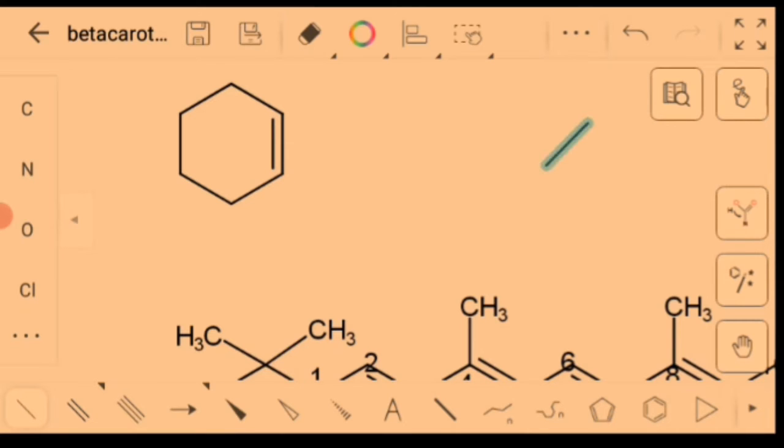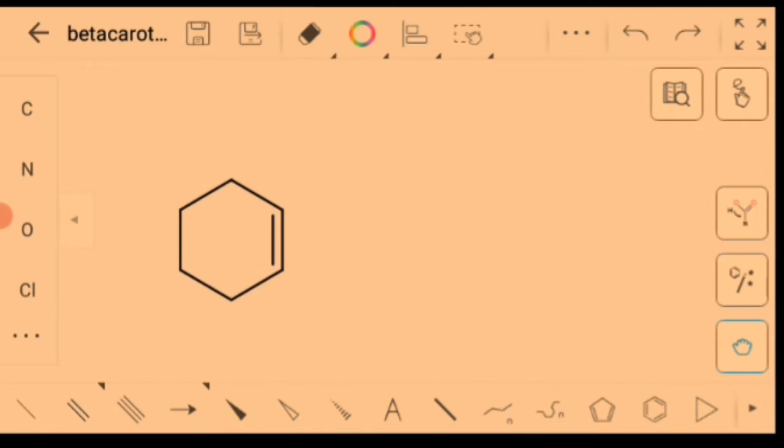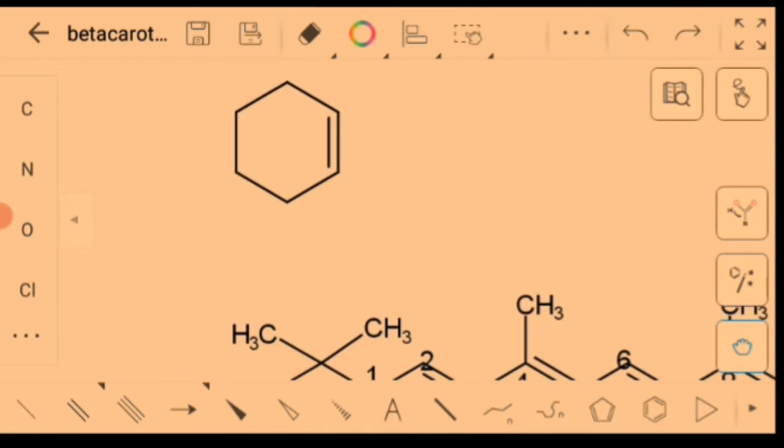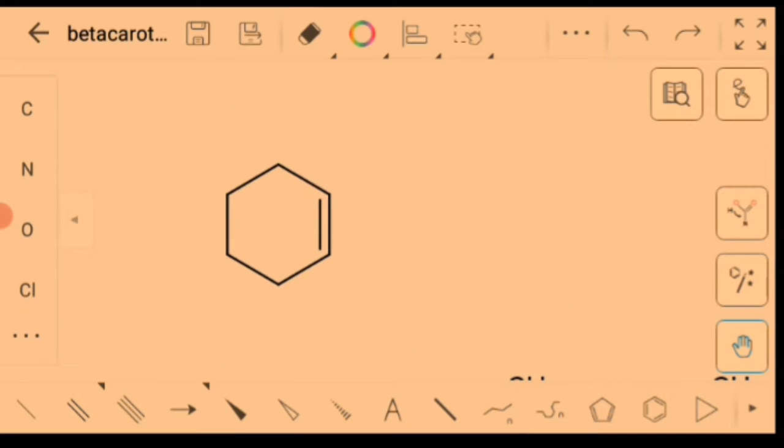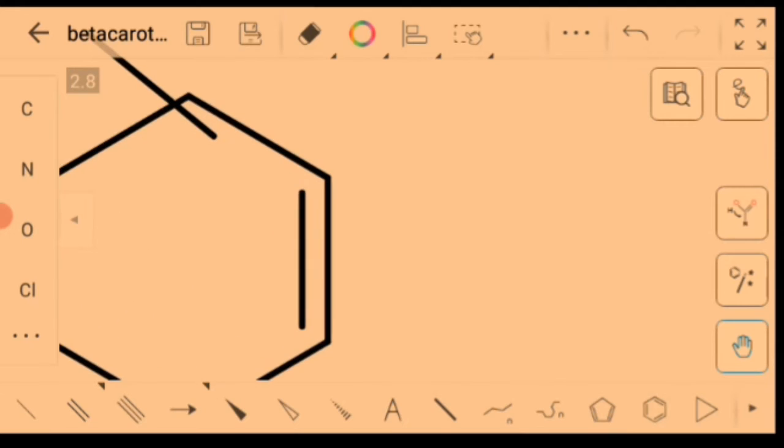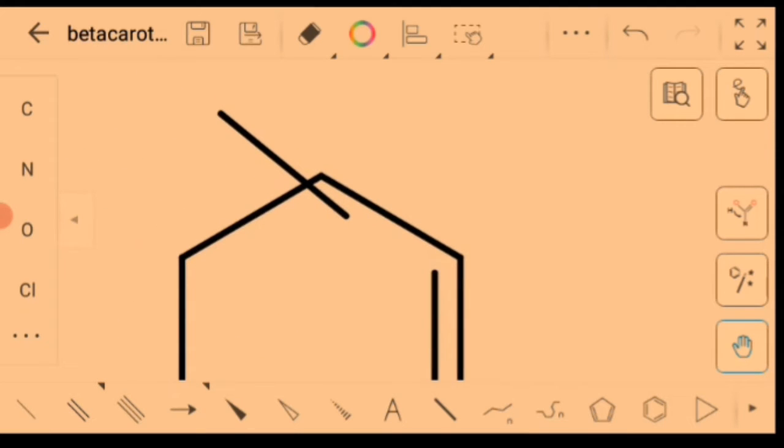So then you have to know that at this point, your bond actually crosses. There are actually 2 additional lines it makes. I'm going to show you how I successfully drew this.